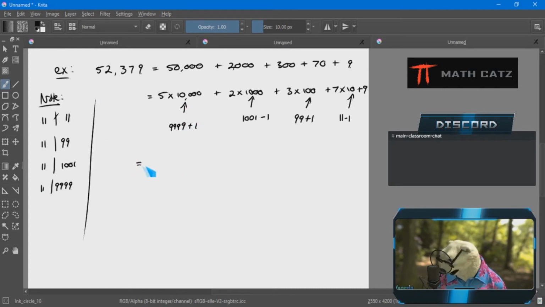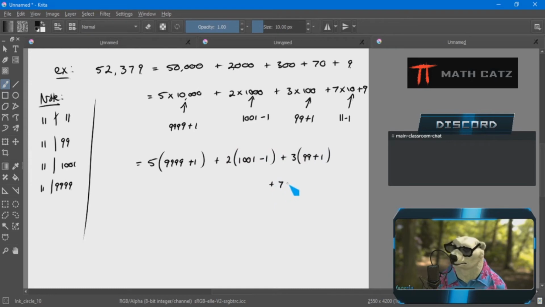All right, so now let's do that. 5 times 9,999 plus 1. I like to write it out so I can see it, and it gives me some time to understand what is happening here, if I have any questions or whatever the situation may be. Okay, so that is what I have so far.